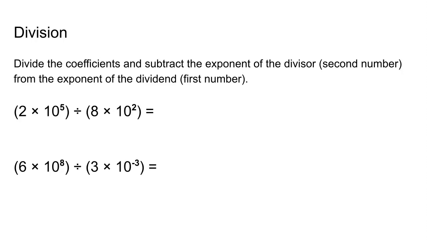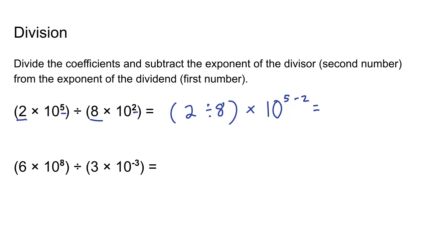So start by dividing the coefficients, which is 2 and 8. So that gives you 2 divided by 8 times 10, and then subtract the exponents, which are 5 and 2. So that'll be 5 minus 2.